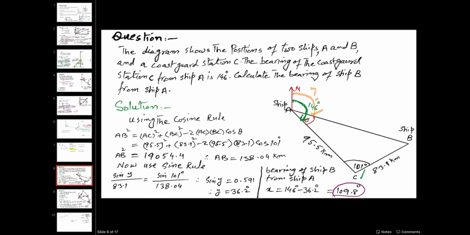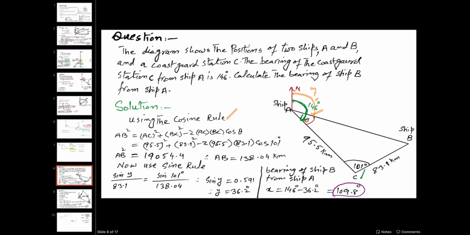Okay, now we are going to solve this problem. Using cosine rule, AB square is equal to AC square plus BC square minus 2 into AC into BC into cos theta. That is cosine rule. Substitute the values of AC, BC and theta.